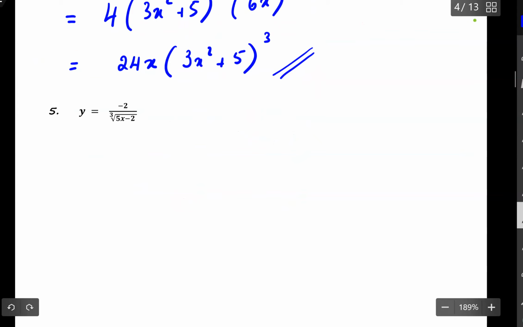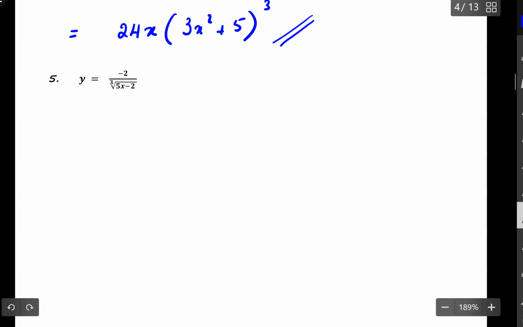Okay, for number 5, do we need to use a quotient rule in this case? No, we don't. You have negative 2 divided by this expression. Because you just have a minus 2 as a numerator, it's very simple just to convert this denominator into a numerator.